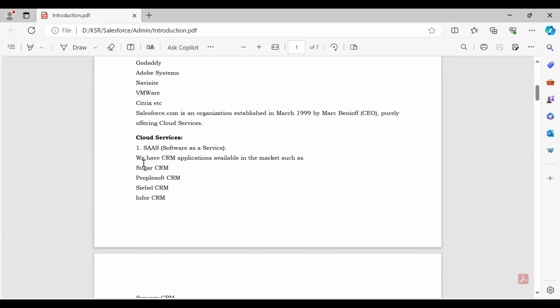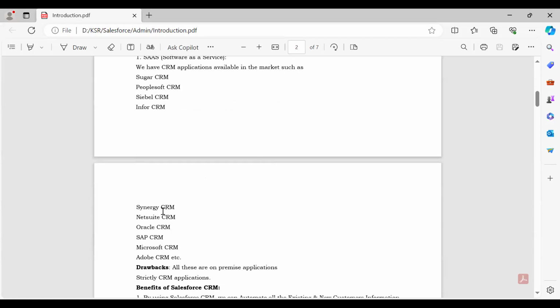Some of the CRM applications I have listed out here, like Sugar CRM, PeopleSoft CRM, Siebel CRM, Infor CRM, Synergy CRM, NetSuite CRM, Oracle CRM, SAP CRM, Microsoft CRM, Adobe CRM, etc.